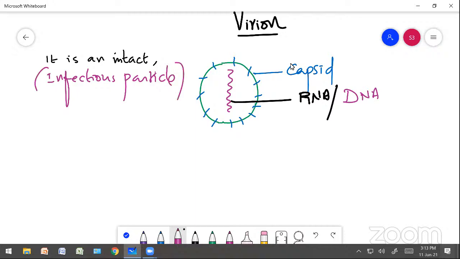That means it is able to cause disease when it enters into any other living system. But if it is coming out from the host cell, it does not replicate. So hence it is a non-replicating virus particle.